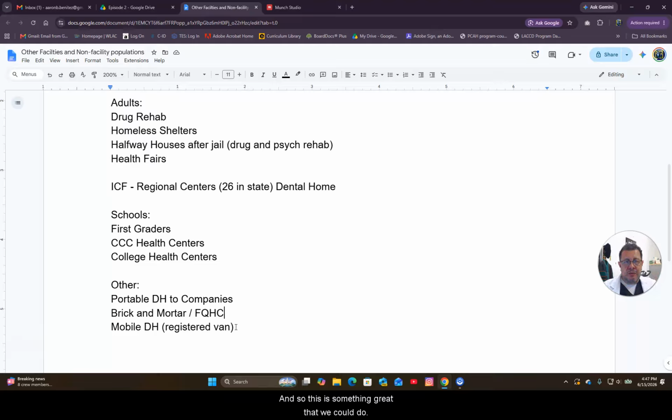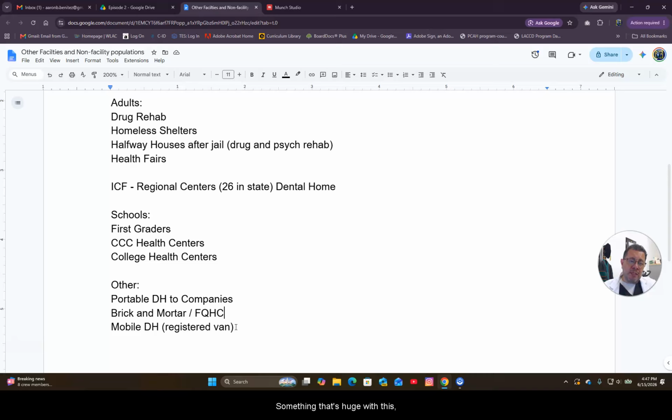This is something great that we could do. You could do so much with this, right? You can go to different places. You could go to assisted living, park outside. You can go to somebody's house.